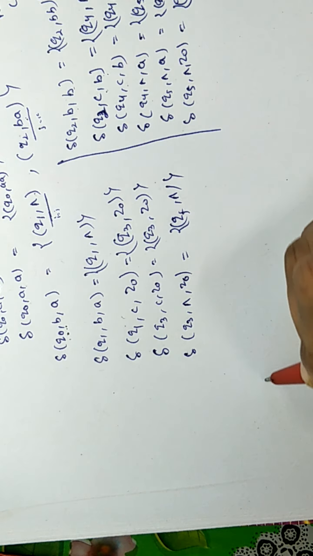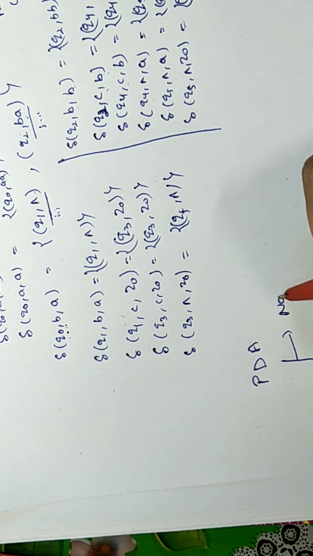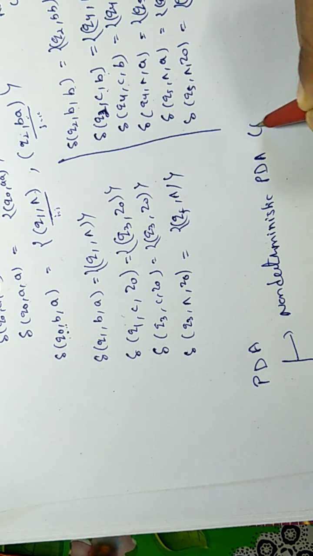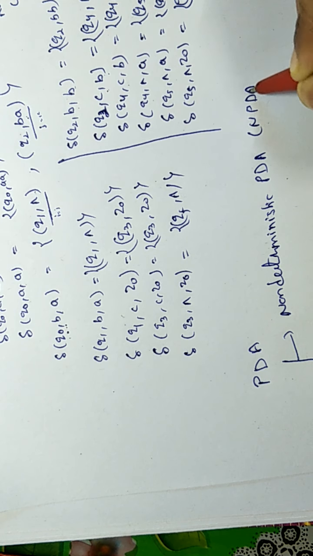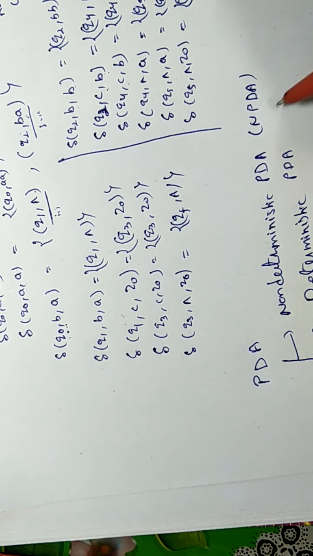So a PDA can be a non-deterministic PDA, that is known as NPDA, and it can be a deterministic PDA, DPDA.